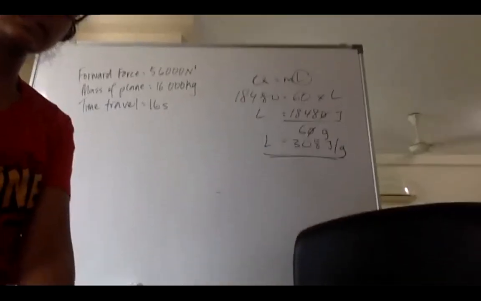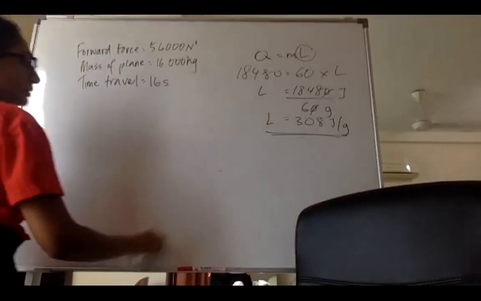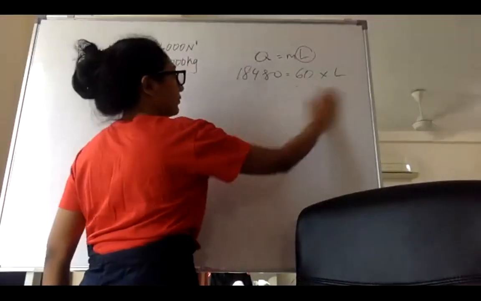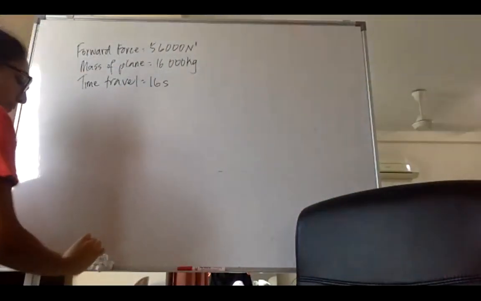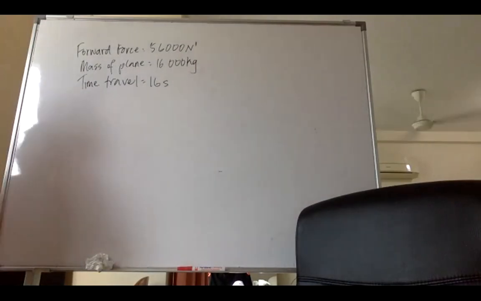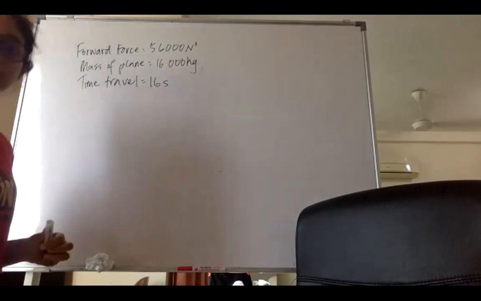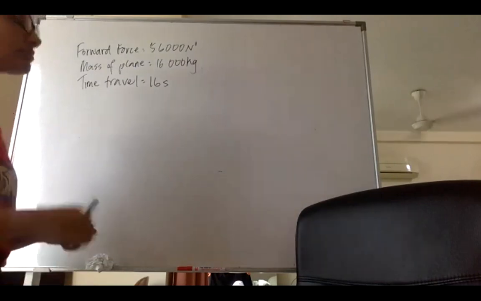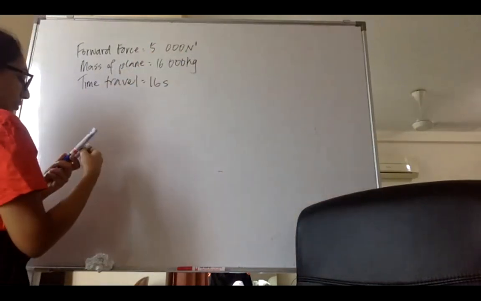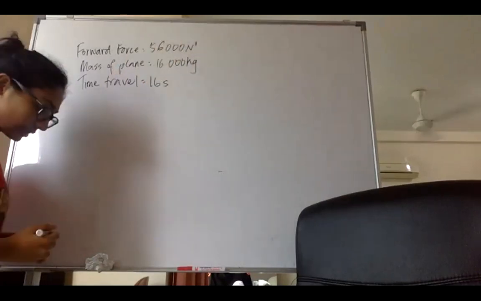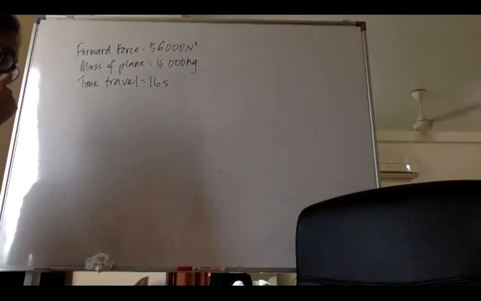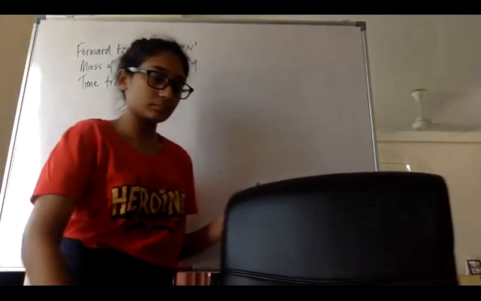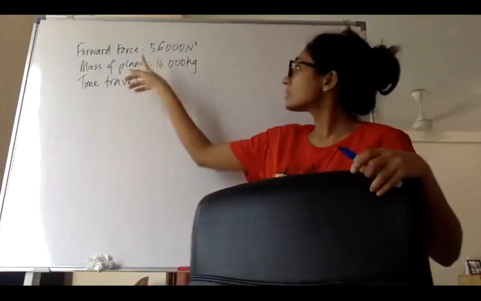Okay, let's see. I've written the thing here. So now, I have force, I have mass, and then I want to calculate speed. My forward force is 56,000. Is there a formula that relates force to mass and acceleration? I have force, I have mass.